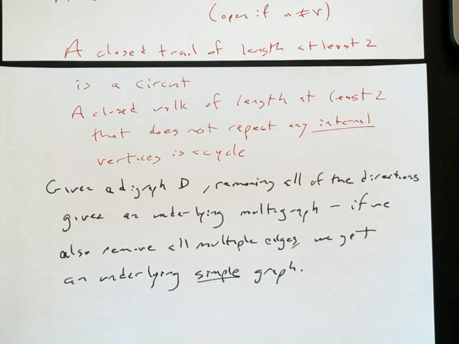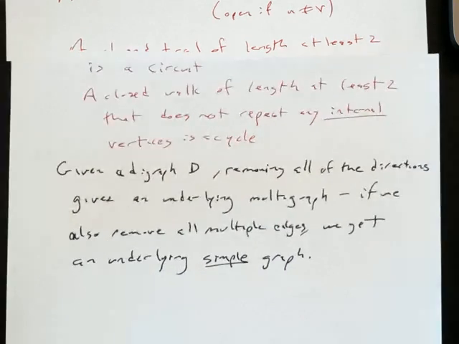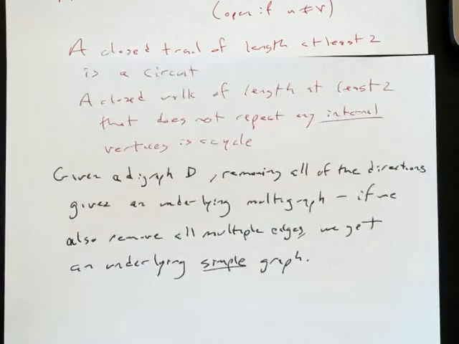Our textbook always uses the underlying simple graph rather than an underlying multigraph. So when they say the underlying graph, they mean remove the multiple edges as well. Questions?